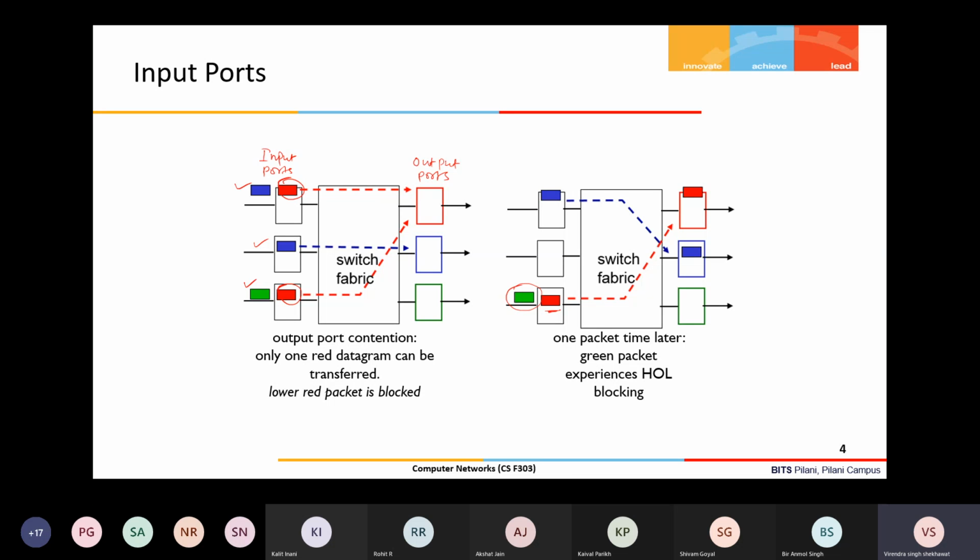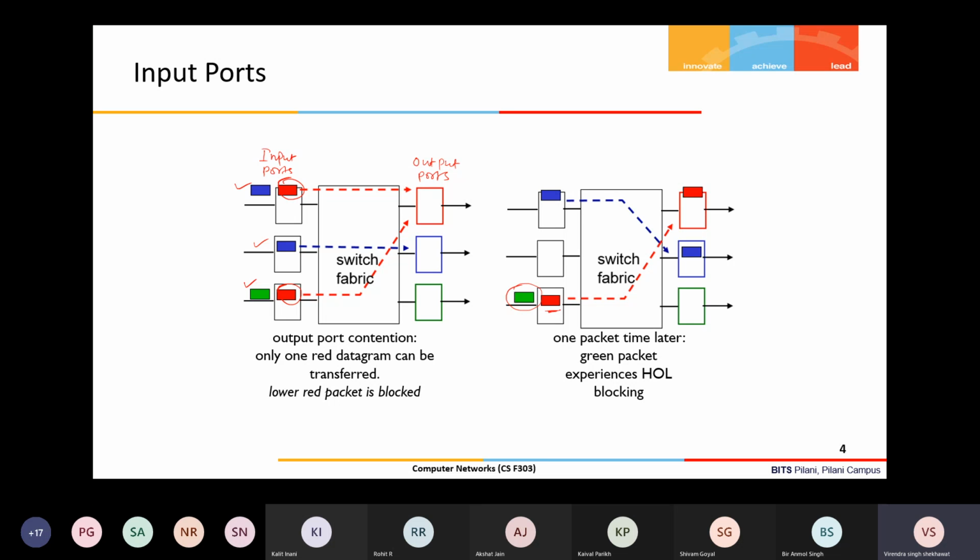We call this head of line blocking, meaning one packet is waiting for the other packet to be transmitted first. This is the notion of buffering: due to contention, packets can be buffered.